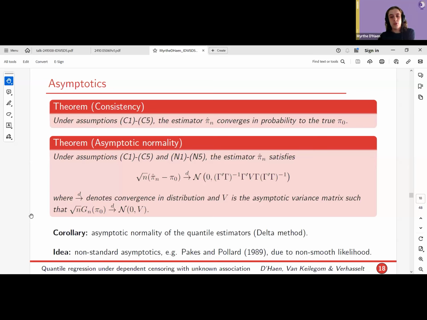I will not go into the details of the proof here, but let me just point out that because of this asymmetric Laplace distribution, our likelihood is actually non-smooth. So you cannot just apply the standard asymptotics methodology as in White, for instance, but we worked with the extensions in Pakes and Pollard. And then you can indeed show these results.